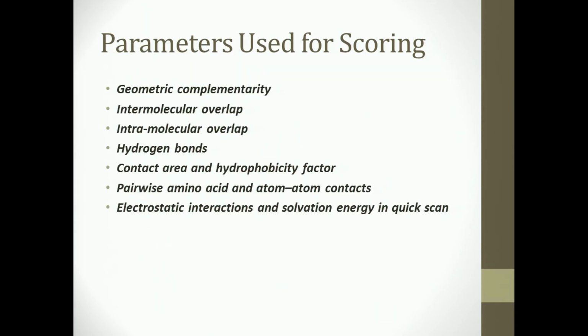Now, once we have a set of decoys, how do we score them in order to get the proper ranked solution? Grossly, the parameters used for scoring are divided into categories. One is geometric complementarity. It comes from the lock and key mechanism of biology.